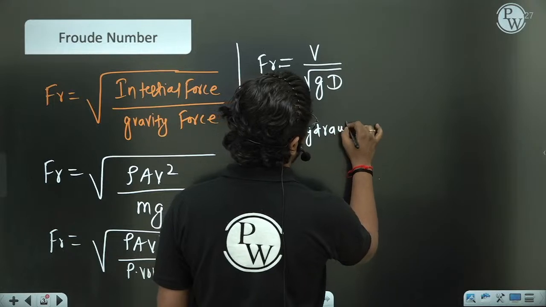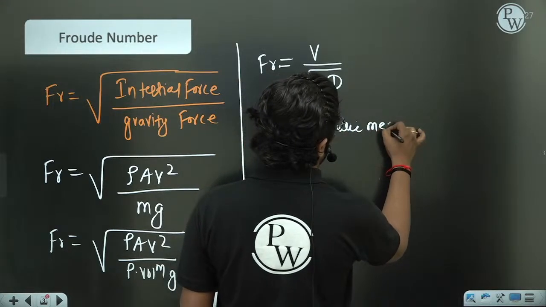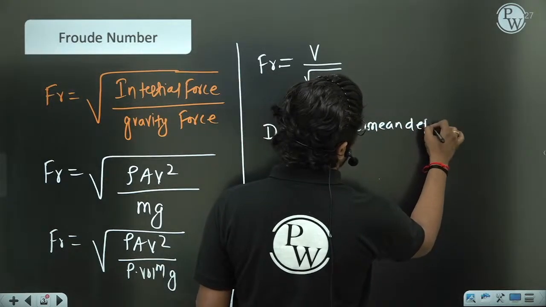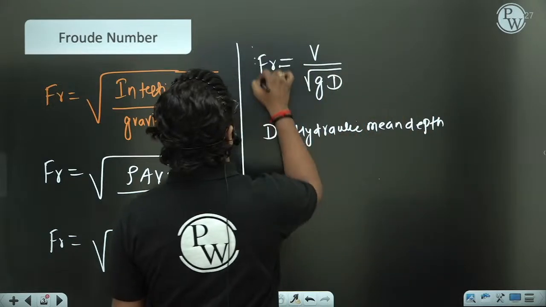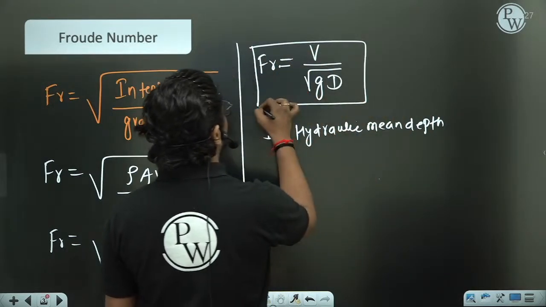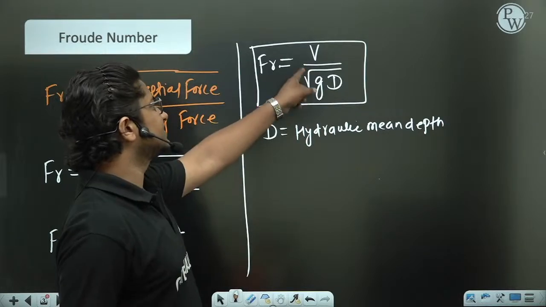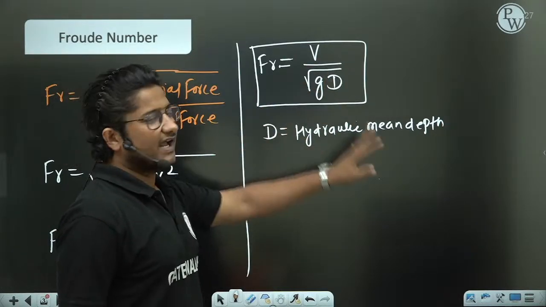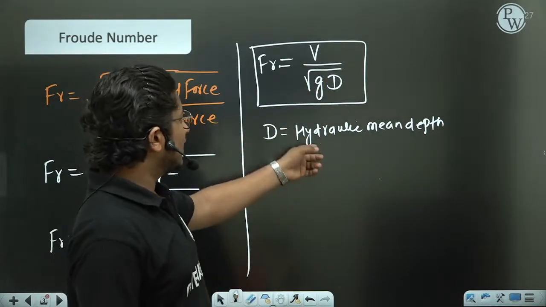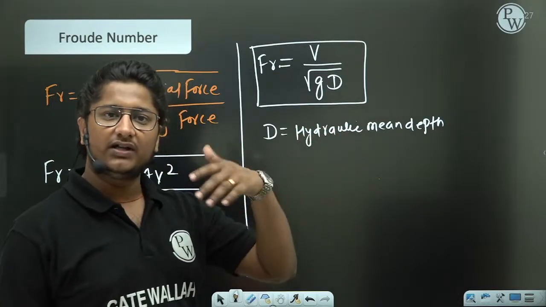For each and every section, hydraulic mean depth will be different, and this becomes the formula for the Froude number: V upon root under gD, where V is the velocity, g is the acceleration due to gravity, and D is the hydraulic mean depth. The hydraulic mean depth value will be different for different sections.